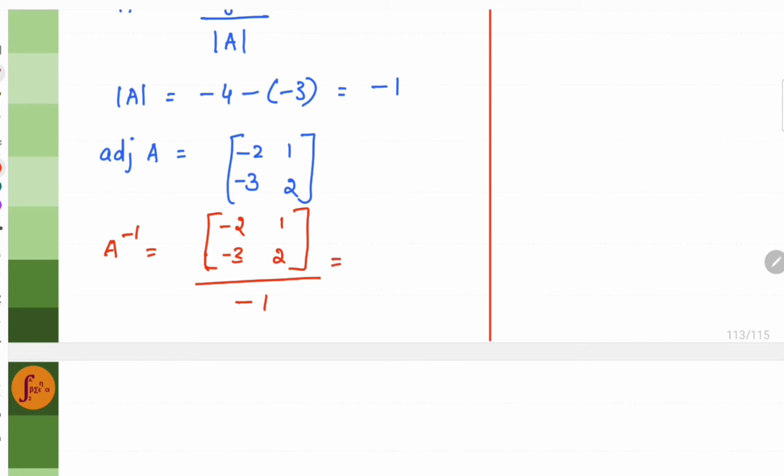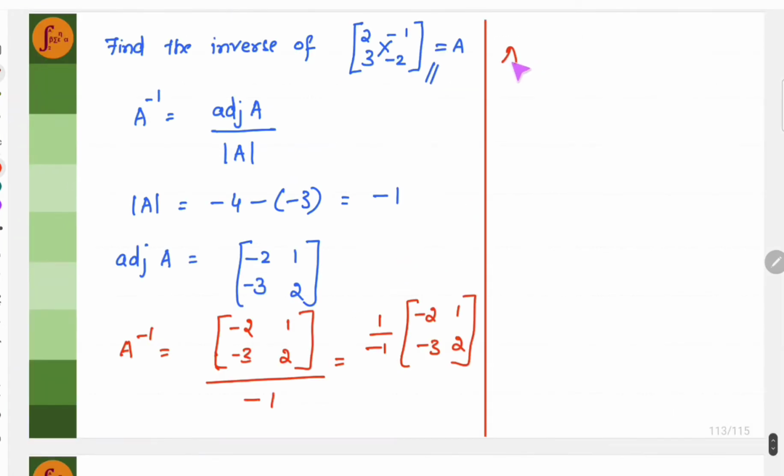We can also write it as 1 by minus 1 into this particular matrix. So A inverse is going to be minus into this matrix, giving the final A inverse.